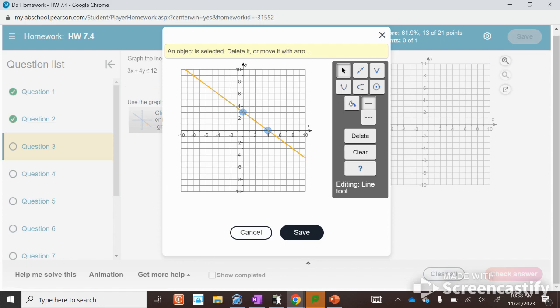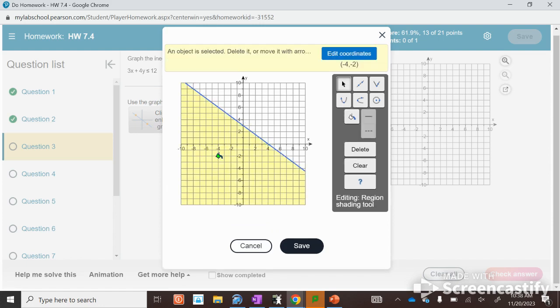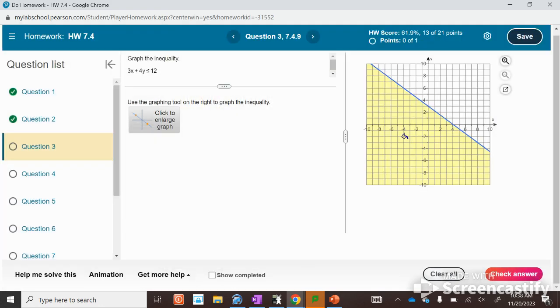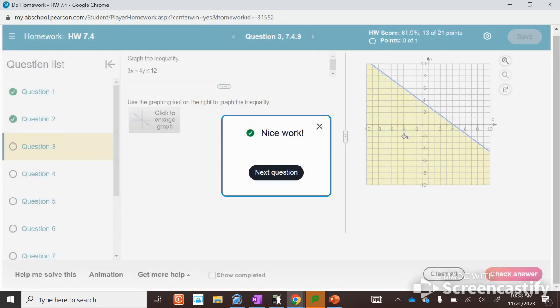Yes, 0 is less than or equal to 12. So I paint on the side of 0, 0. That's why I use 0, 0 as a checkpoint. Okay? If the line goes through 0, 0, I can't use 0, 0 as a checkpoint. I have to use some point on one side of the line or the other. Okay?